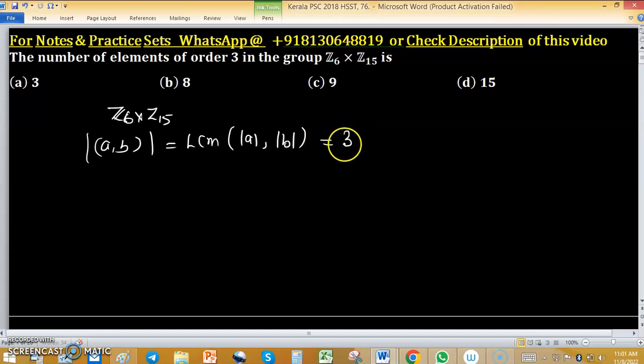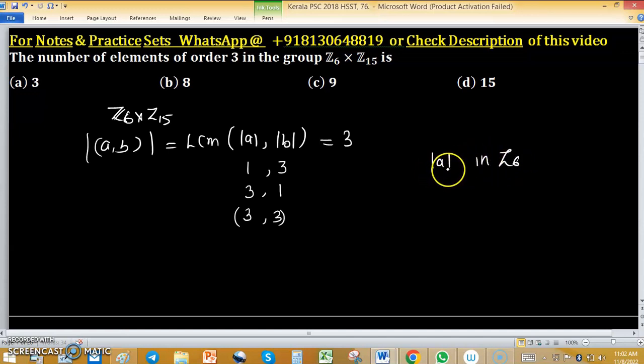It means we need LCM 3. We can get LCM 3 when the order of A is 1 and the order of B is 3, when the order of A is 3 and the order of B is 1, and when the orders of A and B are both 3. So how many elements of order 1 in Z6?